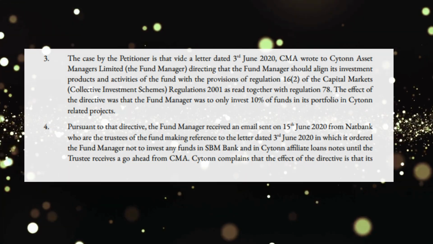And the directive was to invest only 10% of the funds in the portfolio in Cytonn-related projects. So not only should they have 25% invested in real estate, but there is also a provision that only 10% should go to the portfolio of that company's related projects. You can get this petition in the Kenyan law website to see how that went.